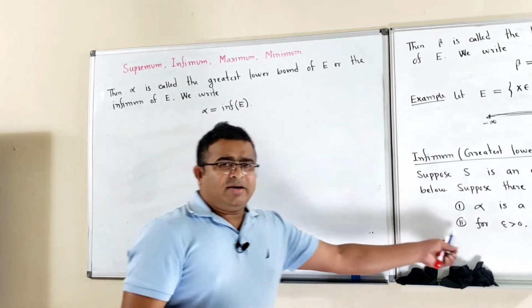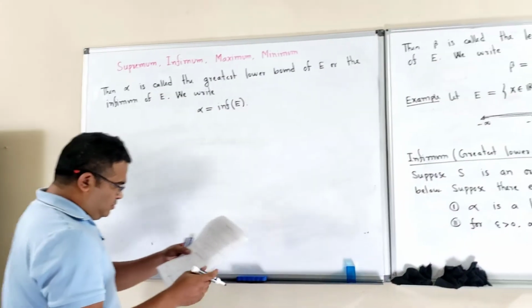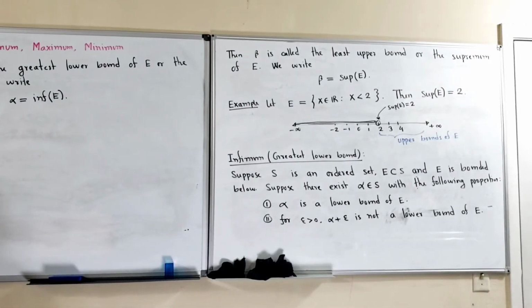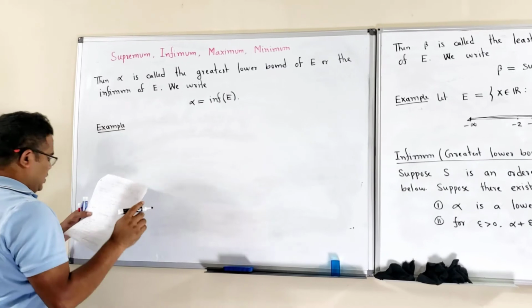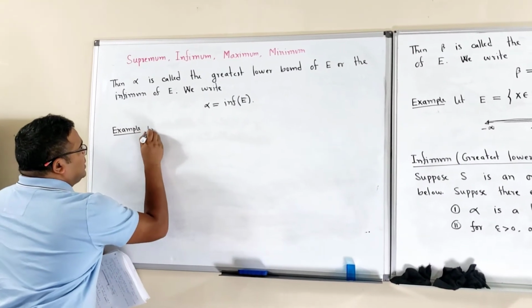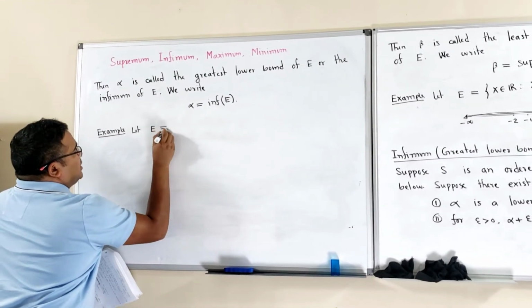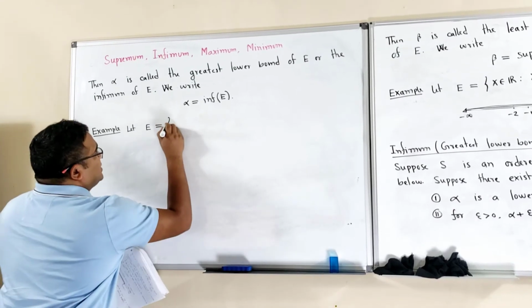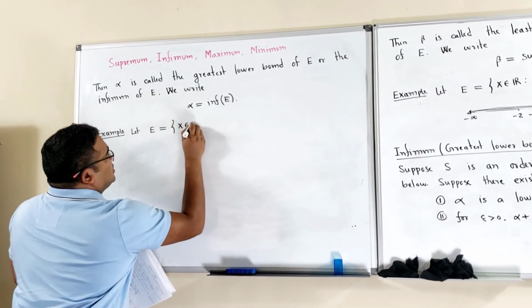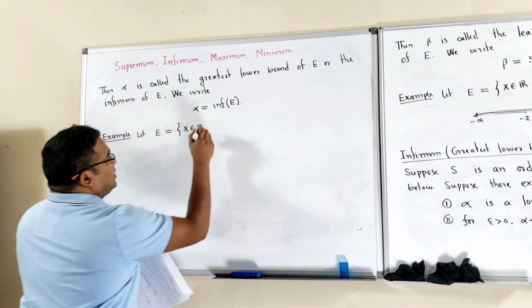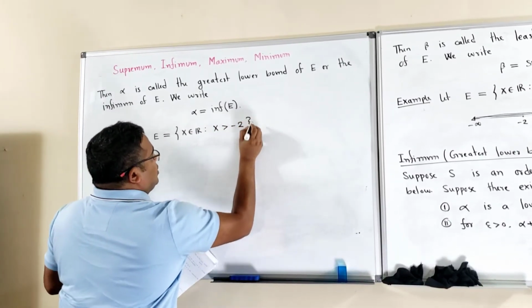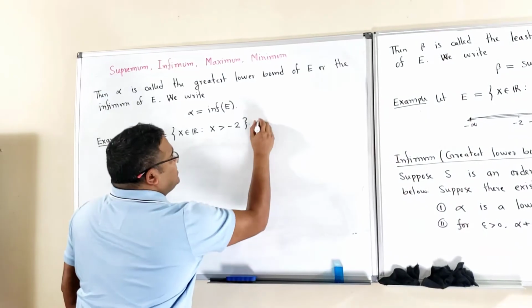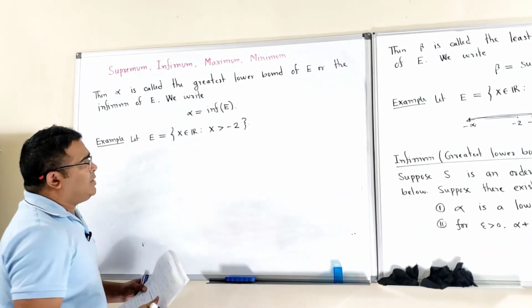Now to clarify this, let's discuss an example. For example, let E be the set of x in R such that x is more than -2. Then what is the infimum?